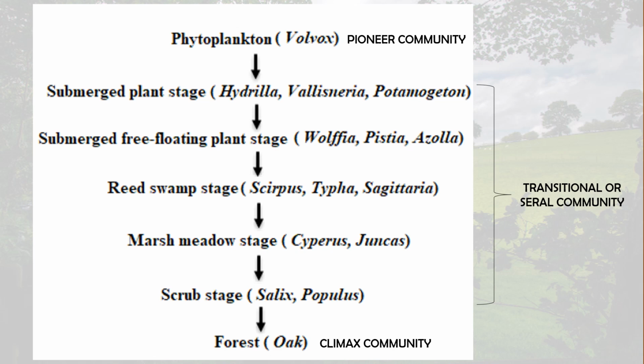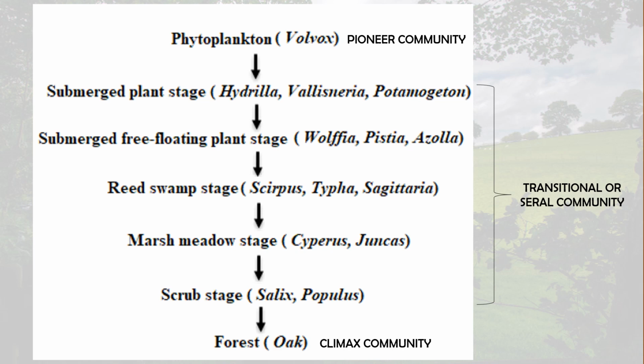So the next stage is rooted floating stage, where as the water depth decreases, it is best suited for rooted hydrophytes with large leaves floating on the surface to grow further.